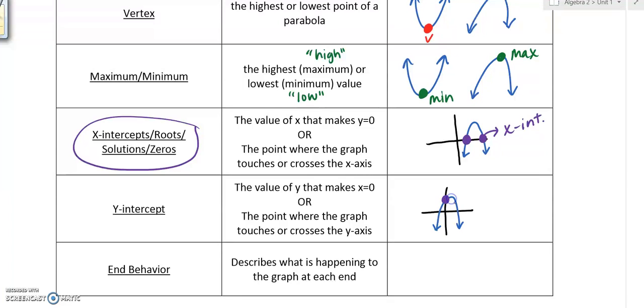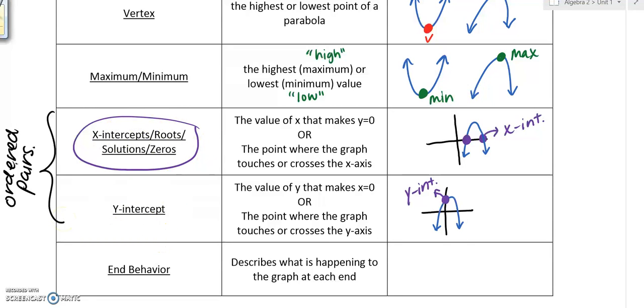In this case, it's crossing the y right at my point. We call that the y-intercept. Something to keep in mind with the x and y intercepts, I'm going to write it over here on the side. We always write those as ordered pairs, as x, y coordinates. These are always ordered pairs.